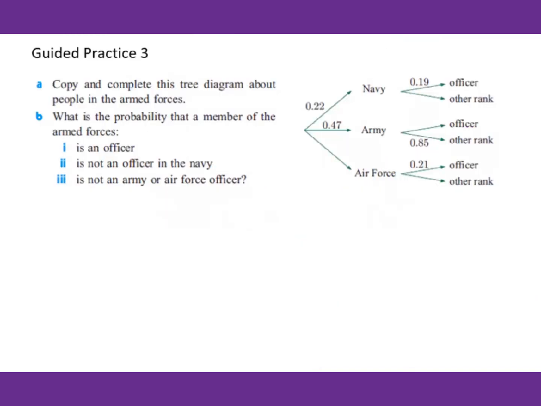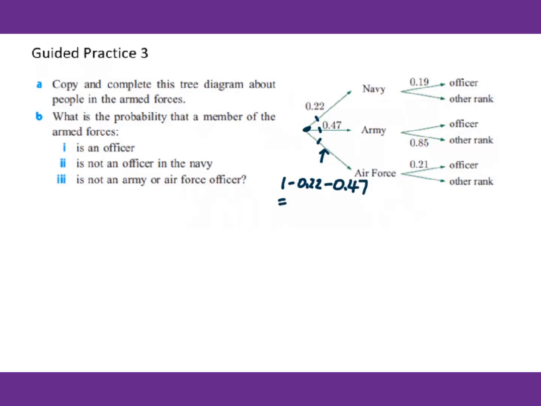Now let's go to guided practice 3. Copy and complete this tree diagram about people in the armed forces. All these 3 branches adding together will be 1. Therefore, for this one, you will get 1 minus 0.22 minus 0.47.